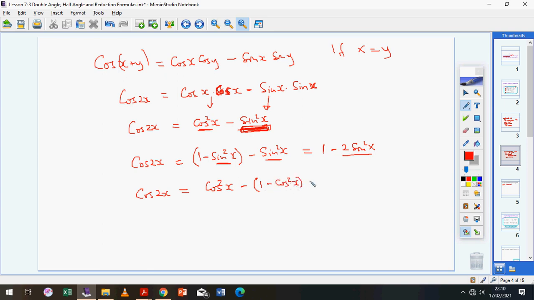Now when the negative goes inside, this will be negative 1, but this will be positive cosine squared x. So the whole thing is cosine squared x minus 1 plus another cosine squared x. These are two of the same thing, so I can add them, and I have 2 cosine squared x minus 1.